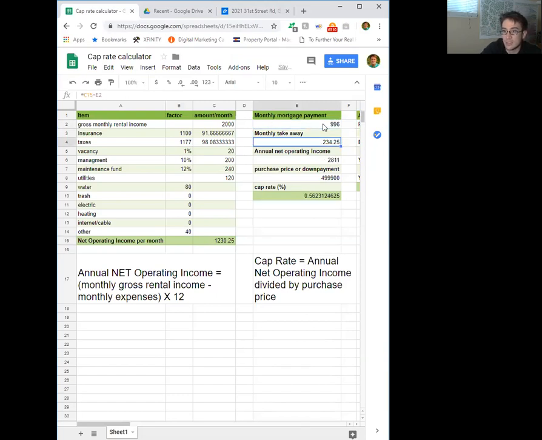It decreases what you'll be walking away with, but if you're an owner occupant, that's good to know. And so your net operating income will be $2,800 a year, which isn't that great. Cap rate of 1.1%.